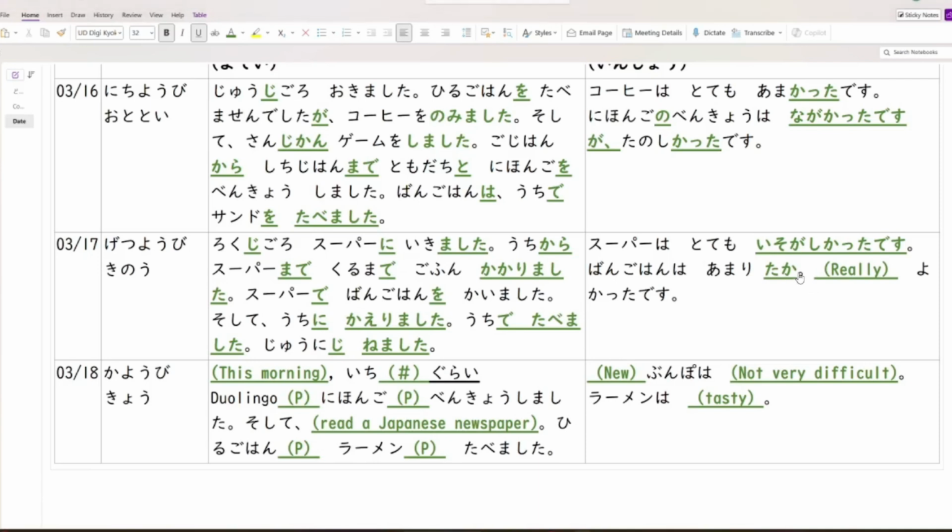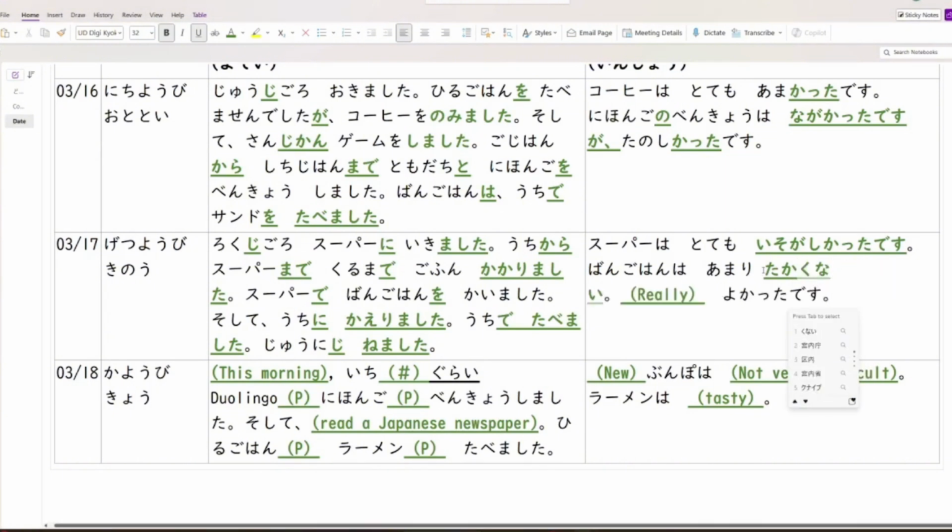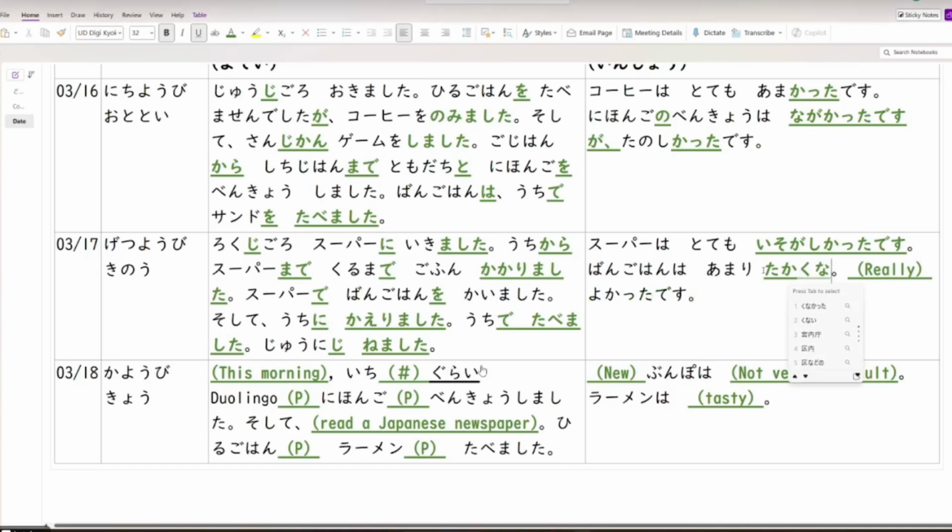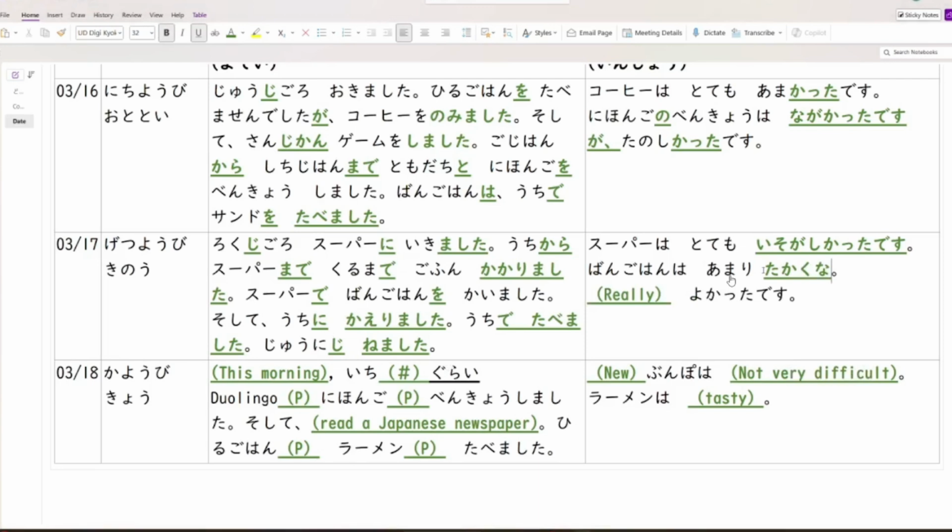There's the other one, which I use less for reasons I don't understand. Kunai. Yeah, that's the first part of it. Kunakatta desu. はい、その通り、高くなかったです.